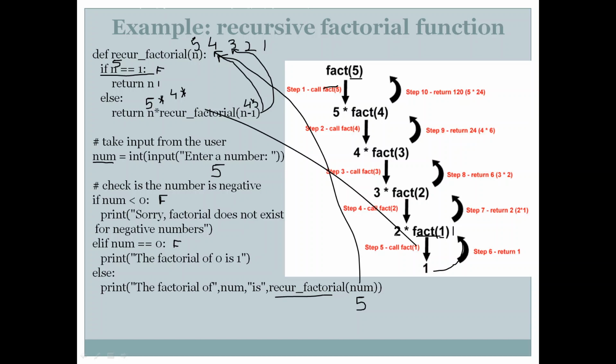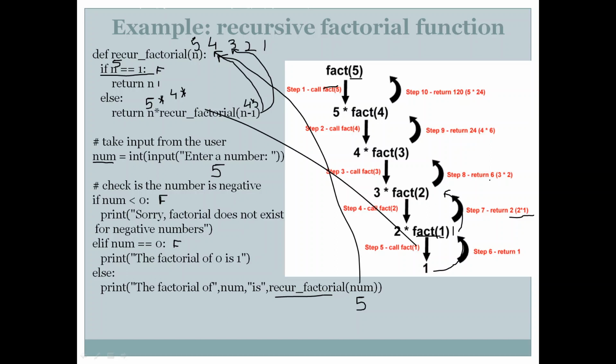Then the equation will become 2 into 1. So 2 into 1 is 2, and that is returned to the calling program. We have called fact of 2 from here, so this result 2 into 1, that is 2, is written to fact of 2, and it will calculate 3 into this factorial.